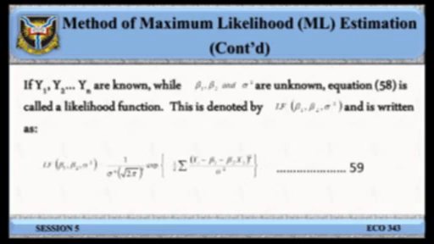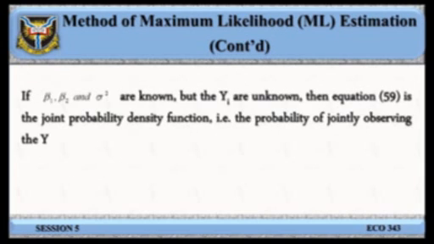This is denoted by LF into bracket beta 1, beta 2, variance, and is written as the equation below. If beta 1, beta 2, and variance are known, but the yi are unknown, then equation 59 is the joint probability density function. That is, the probability of jointly observing the y's.